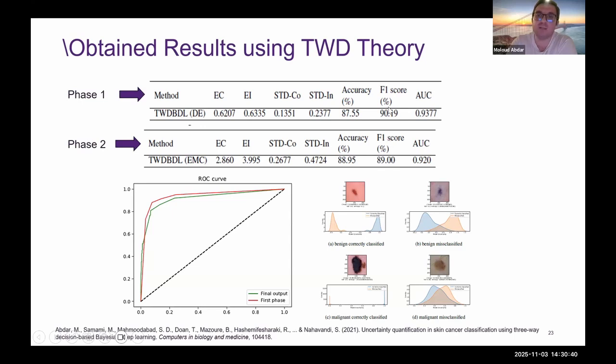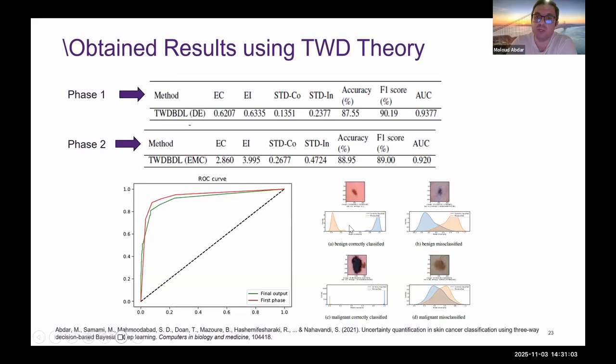But the point is we have more confidence in the second phase. This is exactly what we are looking for. Even sacrificing a little accuracy or F score, higher confidence is more acceptable according to the clinicians that we asked.